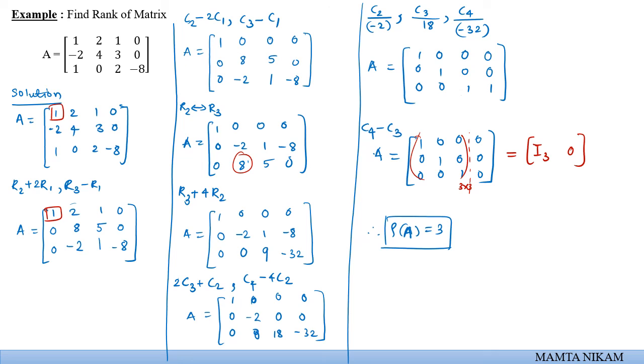Similarly, given any form of a matrix, you can perform row and column transformations, reduce the matrix to any of the normal forms which we have seen, and that will give us the rank. I hope this topic, rank of a matrix, is clear to everyone. Thank you.